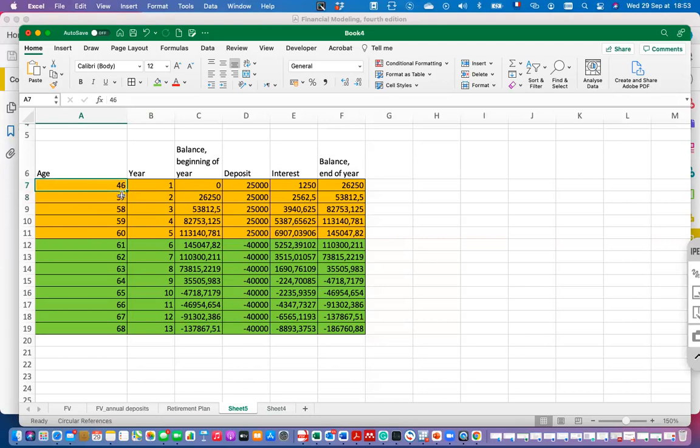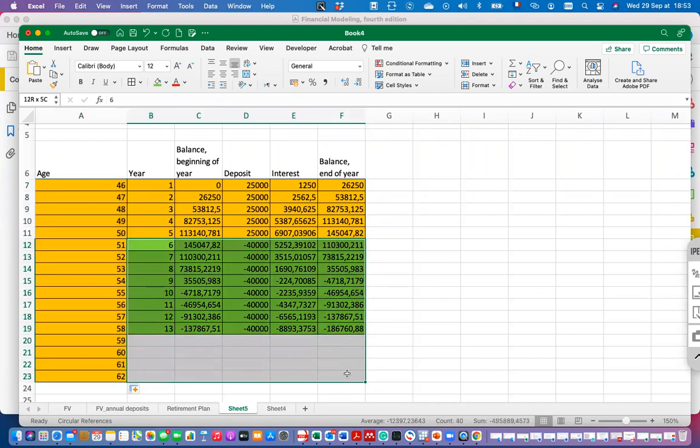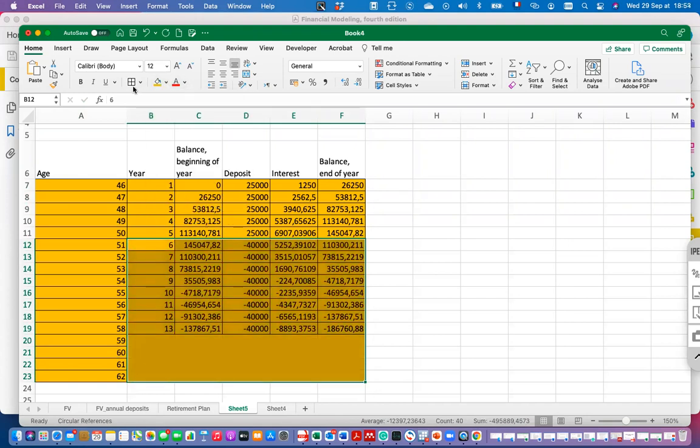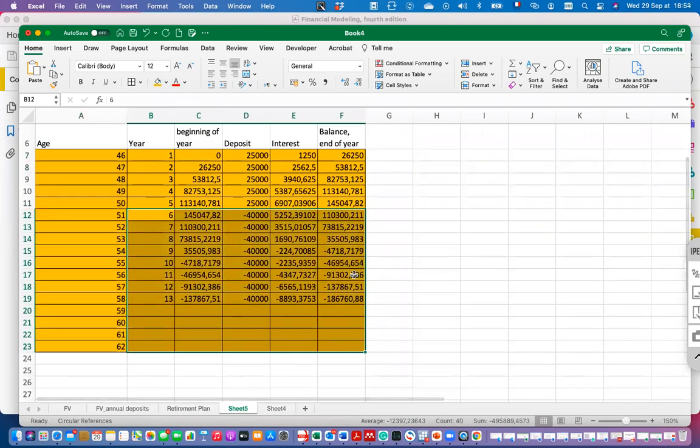So 46 here, then 47. I will select 46, 47 and scroll down until I reach 62. I will delete all this part and change it into orange color.